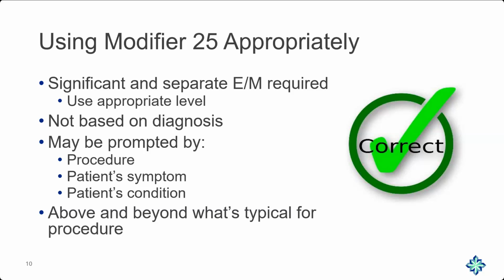We also get questions that were very specific to, I have this procedure and an E&M. Is it billable? In fact, that was the bulk of the questions that we received today. The answer to all of that is going to be the same. It is going to be what the documentation supports, pulling out the pieces that support the procedure or other service, and is there enough left to bill for a separate E&M code?